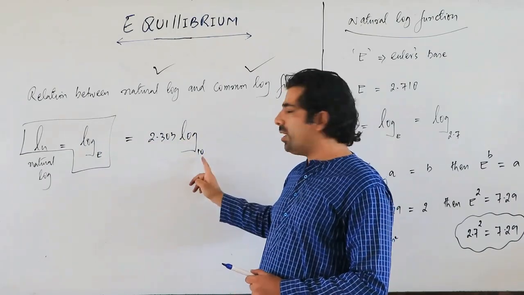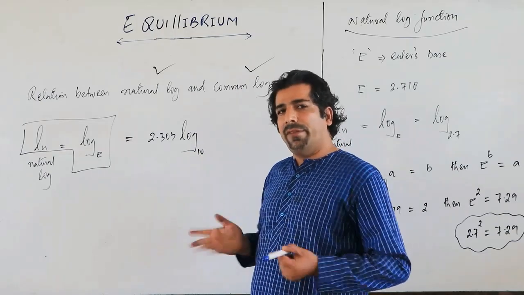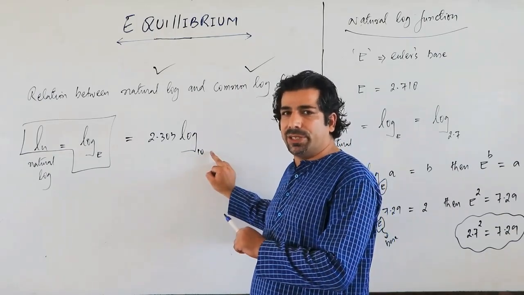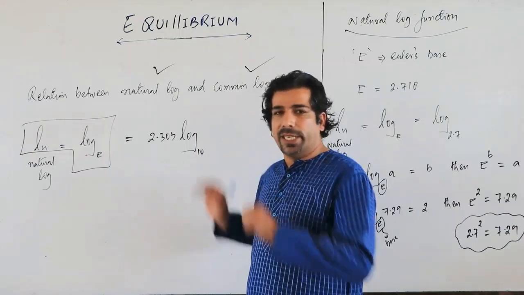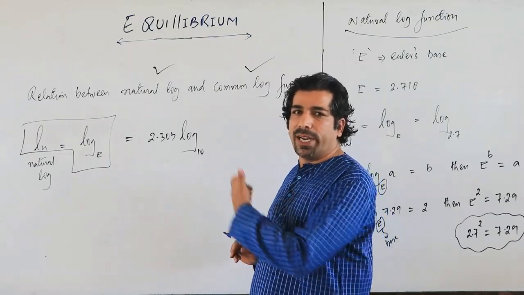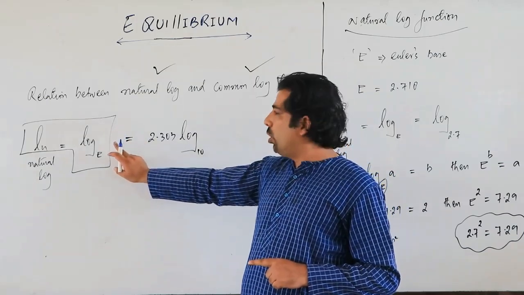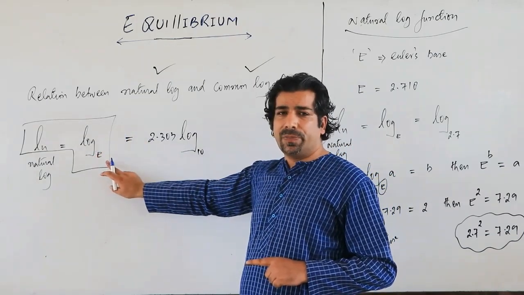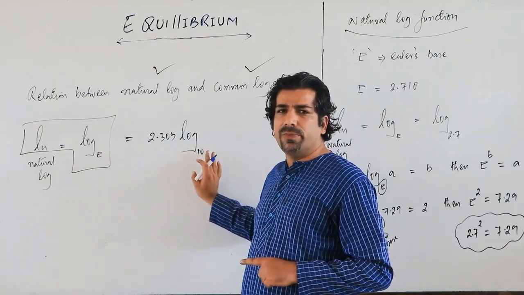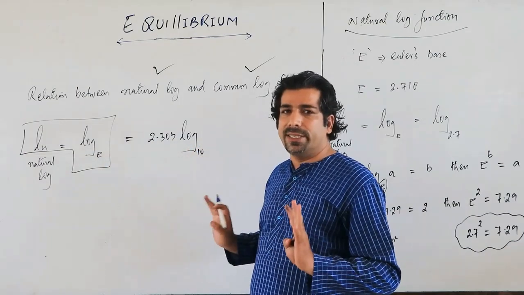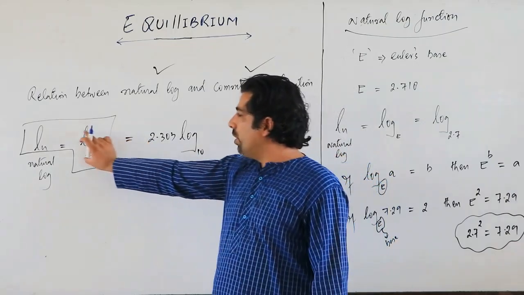If you don't mention the 10 here, it's understood. Everybody will understand that when nothing is mentioned, it is 10 only, because we are using common log and natural log. For natural log, if you are writing log, then you have to mention the base e. For common log, no need to mention anything. It's understood that 10 is there.